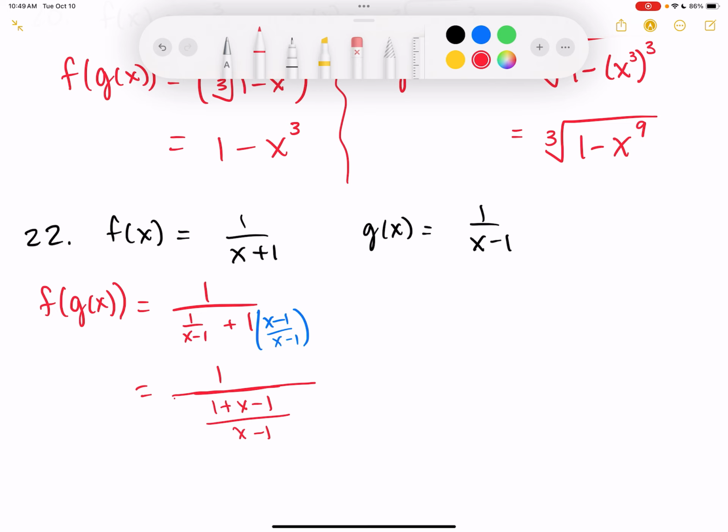So on the top of the bottom, the 1s are going to cancel. So I'm left with x over x minus 1. Now I can multiply by the reciprocal, which, because there's a 1 on top, in this case just means it's going to flip. So this is going to end up being 1 times x minus 1 over x, which I can just write as x minus 1 over x.